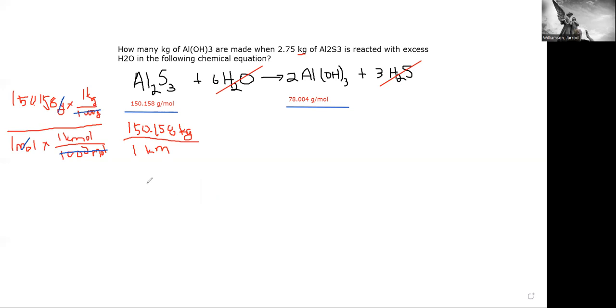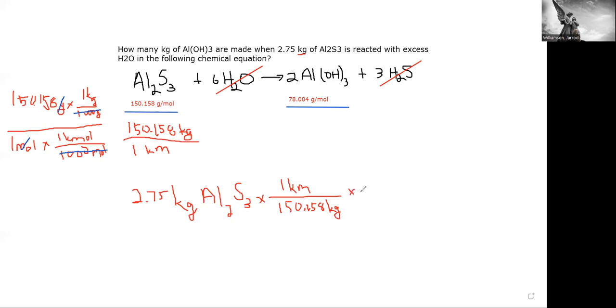I've got 2.75 kilograms of Al2S3 times 1 kilomole of Al2S3 is 150.158 kilograms of Al2S3.